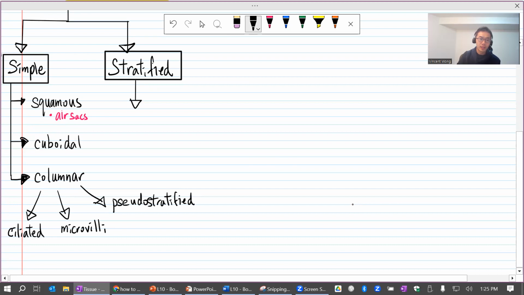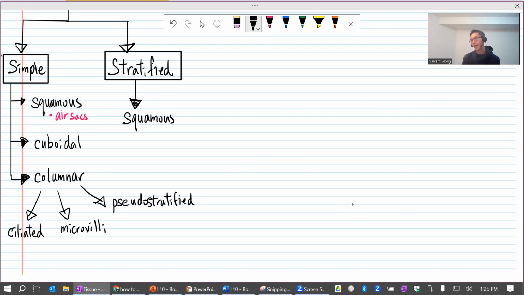All right, thank goodness. Stratified only has one type. Which is it? Stratified squamous, that's right.